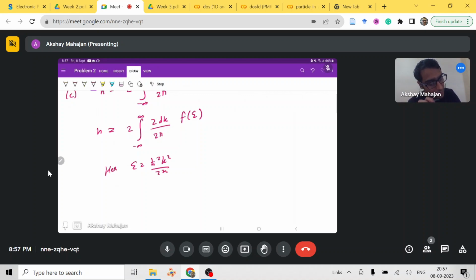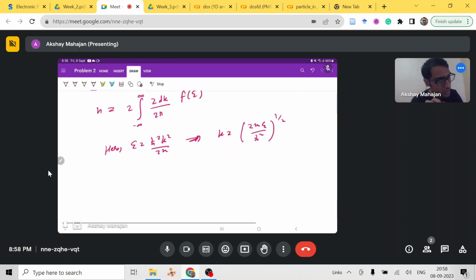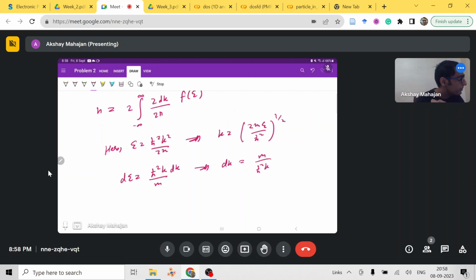So this implies k equals 2m epsilon upon h square, to the power 1 by 2, and we will have d epsilon equal to h square k by m dk, or I can write dk equals m upon h square k times d epsilon.